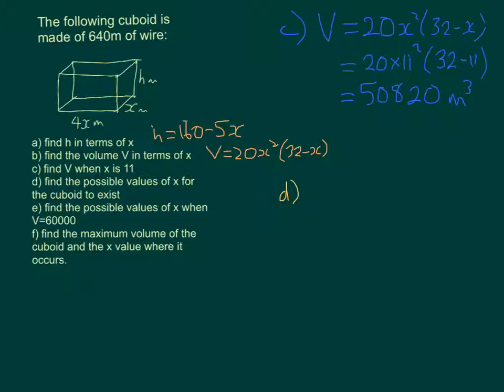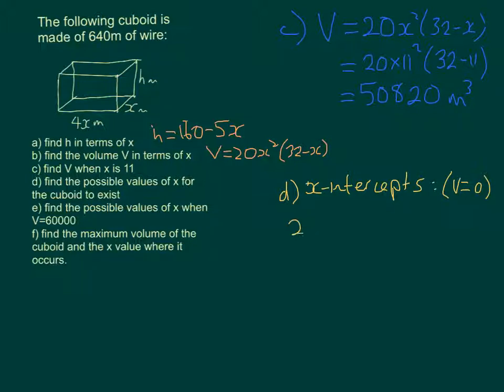What we need to do is we have our x-intercepts, which will be when the volume is equal to 0. So we can take our equation from up the top there.